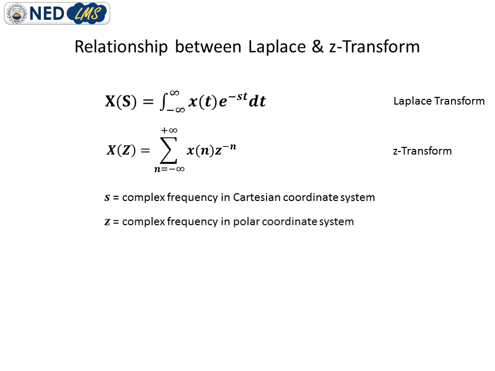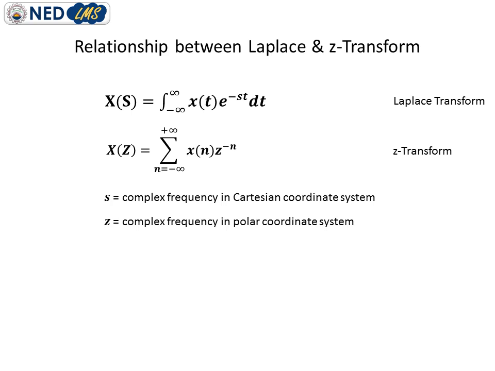And what about Z transform? In Z transform, the same complex frequency, which is earlier represented in Cartesian coordinate system, is just transformed to polar coordinate system to fit in this expression. So basically the transformation is very simple.